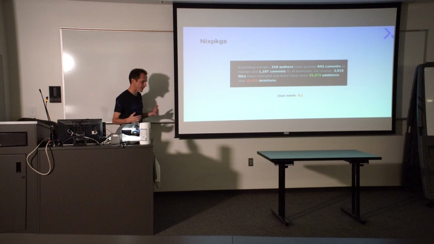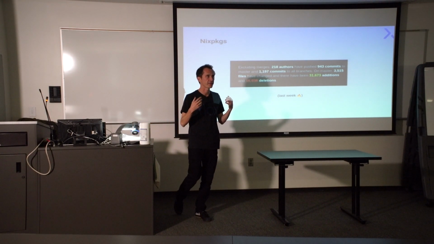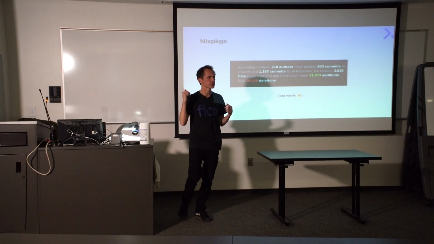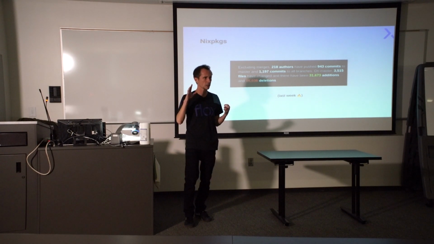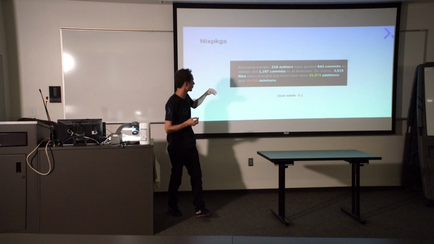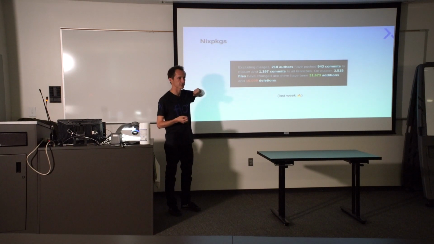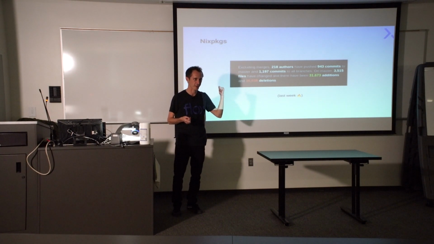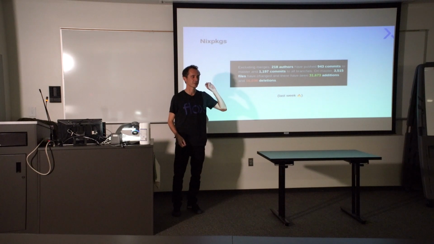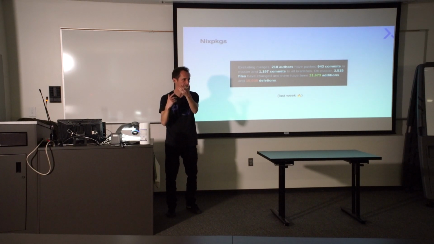The Nix packages repository is also one of the most active ones. I think in October, GitHub had Universe, and it was the 7th or 8th most active repository on GitHub. And here's an example. This was last week: 218 authors, 943 commits, a total of 31,000 additions and 16,000 deletions. I will say, because this sounds crazy, a lot of this is super automated. There are a lot of bots automatically fetching new dependencies and bumping versions.